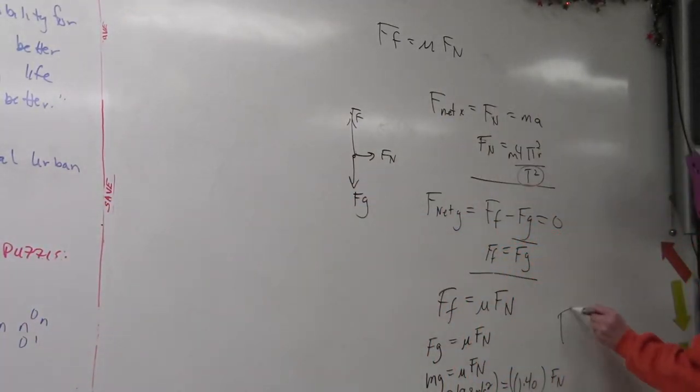My normal force is what? What'd you guys calculate? I got 919 newtons. Is that what you guys got? No, 1,800. That's what I got. 75 times 9.8 divided by 0.4.